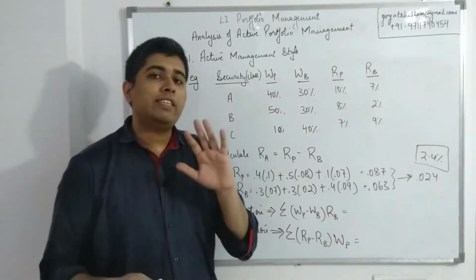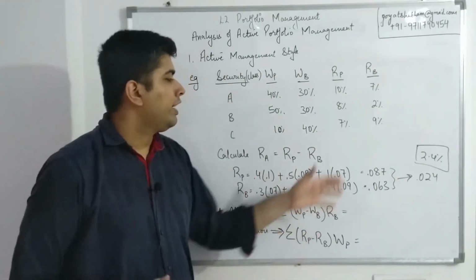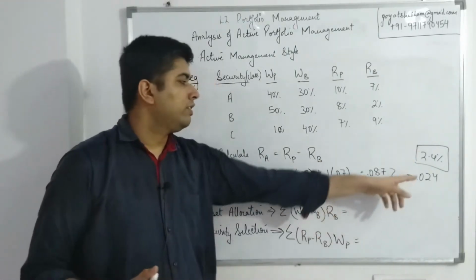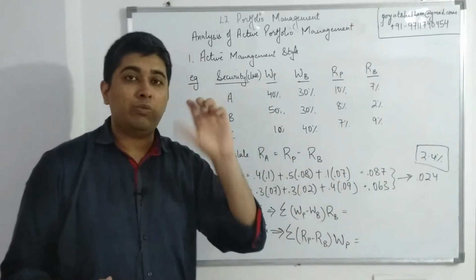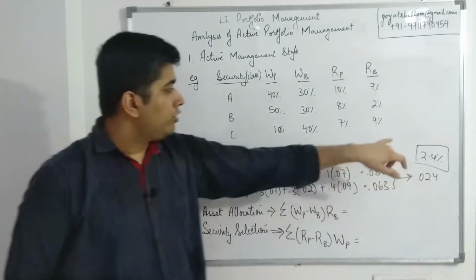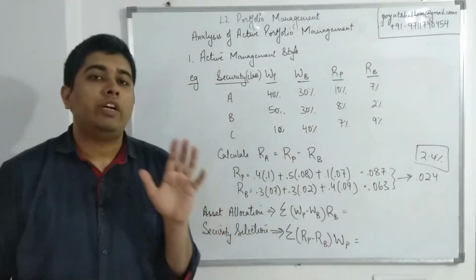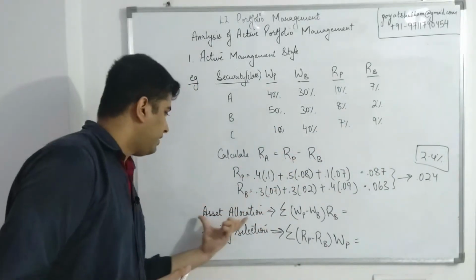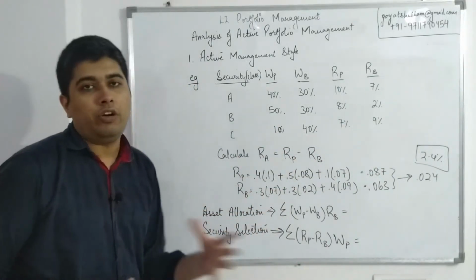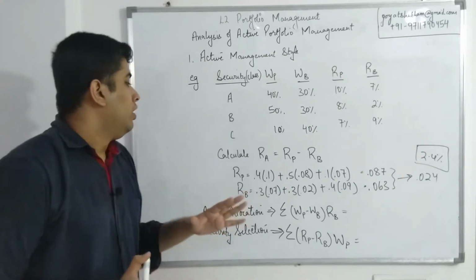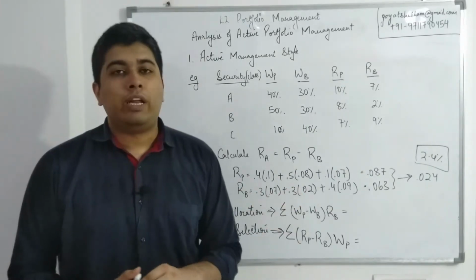If you solve these individually, you will get the sum of these two things the same as 2.4%. So basically what this concept is saying is this 2.4% can be broken down into two components. One is asset allocation, the other is security selection.